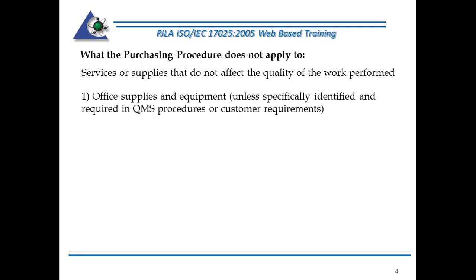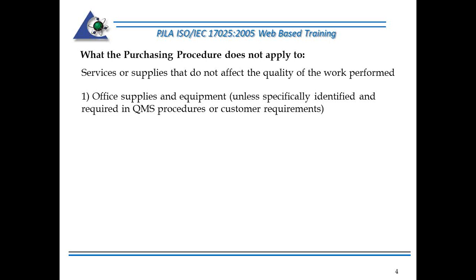The purchase of those kinds of items is independent then of this purchasing procedure. It may be contained in your purchasing procedure, but it's not an accessible element because it doesn't affect the quality of the work that you do, the test and measurement results.